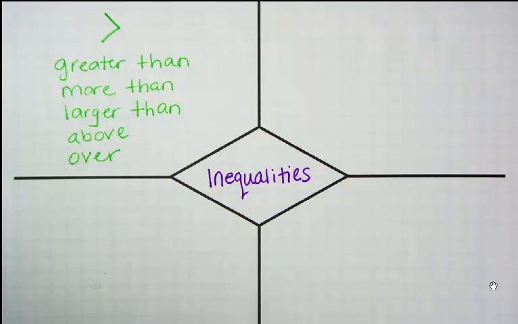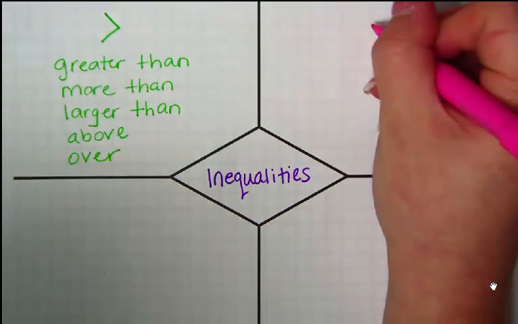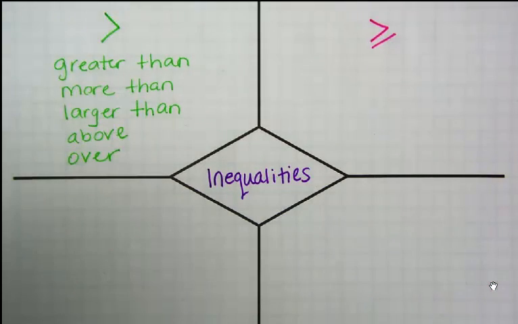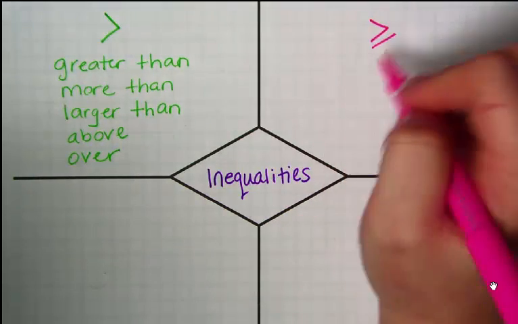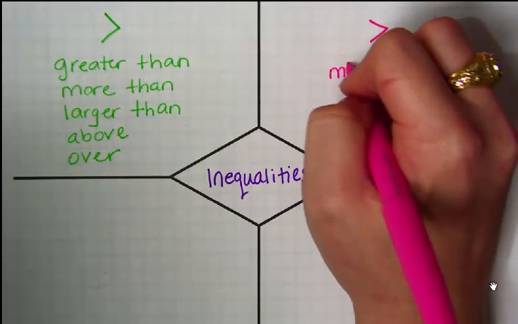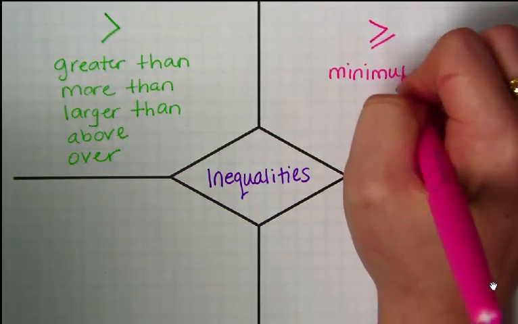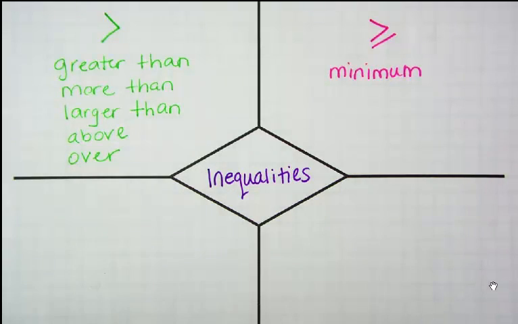Now let's go to greater than or equal to. Some words that are associated with this are minimum. And you might be thinking, well, that's kind of weird because it's a greater than or equal to symbol. Why is it minimum? Because if you are talking about the minimum, that means it's the absolute lowest it can be.